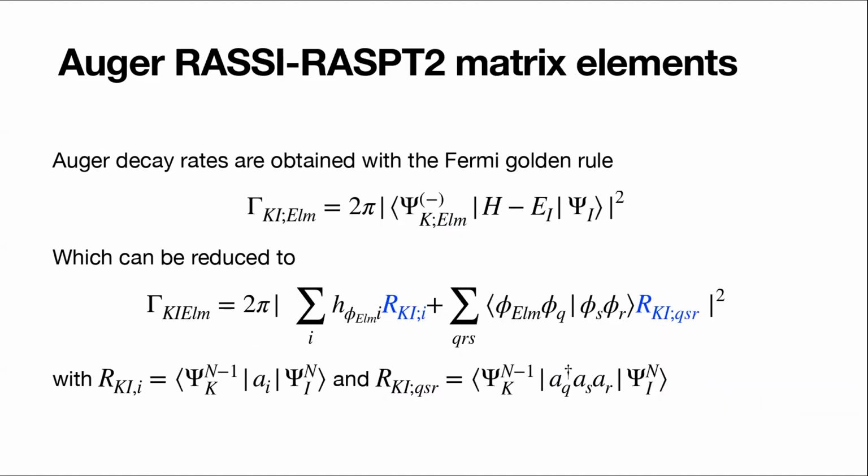And so in this slide here, just in very little detail, I don't want to spend so much time. Sergey already mentioned in his presentation that we use the Fermi golden rule to connect the initial state to the final state via the Hamiltonian operator. Just notice that in this case, the initial state is the core hole, it's not the ground state, right? So after a few manipulations, we can get to this expression here.